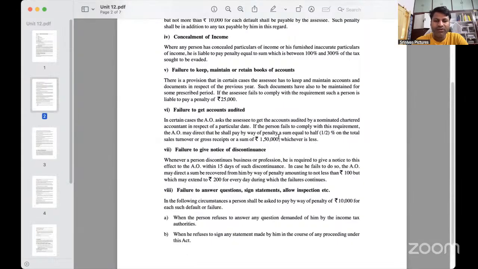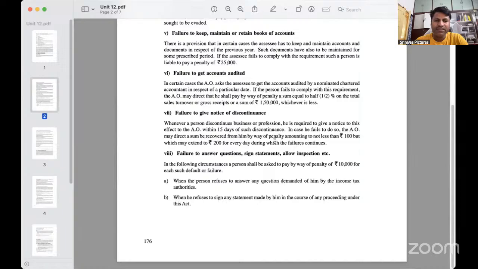Failure to get the accounts audited. If the accounts are not audited for a particular business amount, then also they are going to charge a penalty of 1,50,000. Failure to give notice of discontinuance. Discontinuance means that whenever a person discontinues a business or profession, he is required to give notice.